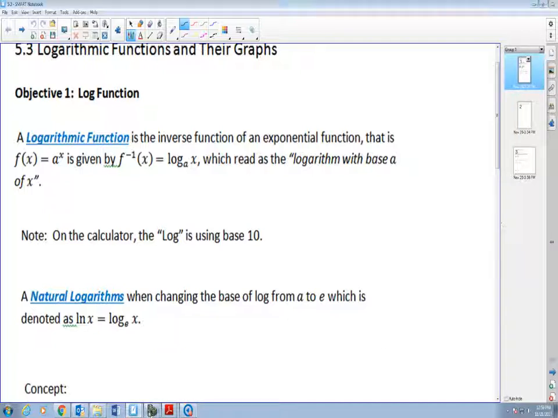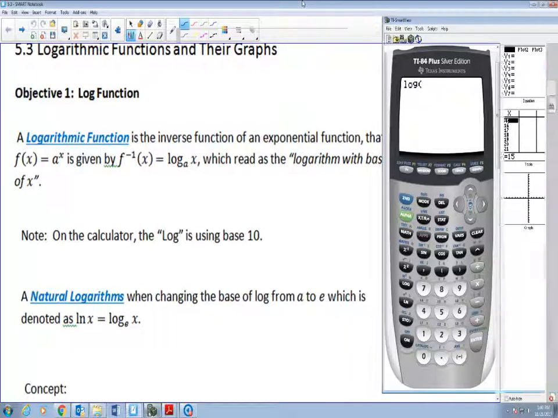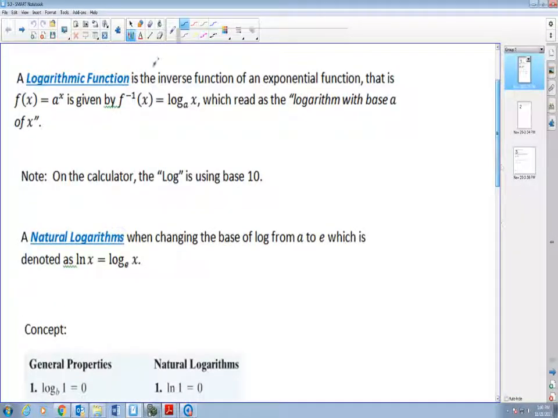On the calculator, real quick, the word log, L-O-G, is automatically assumed to have base 10. Another type of logarithm is called the natural log.